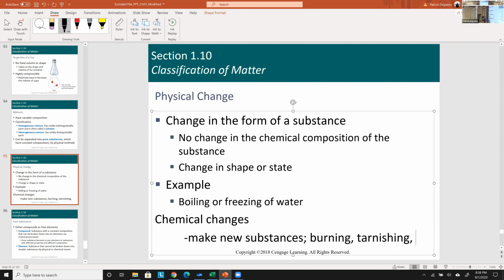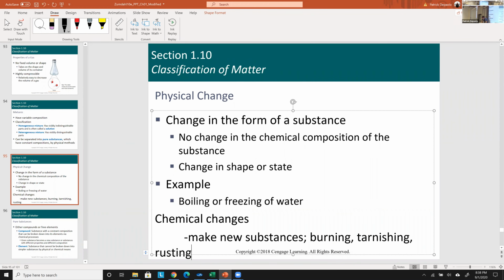You'll have rusting. So that's the keywords for it. Baking, even baking. So examples of chemical changes, if you burn a log, you'll have ashes, you'll have H2O and CO2 from combustion. You can't put those back together, and those are different substances than the log. So that's a chemical change.